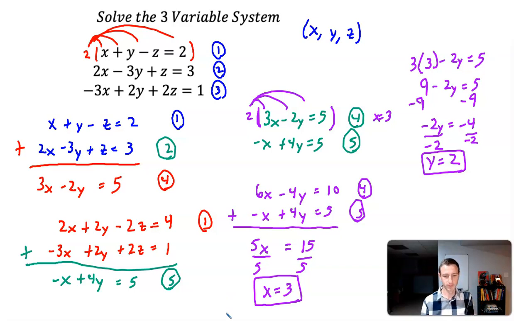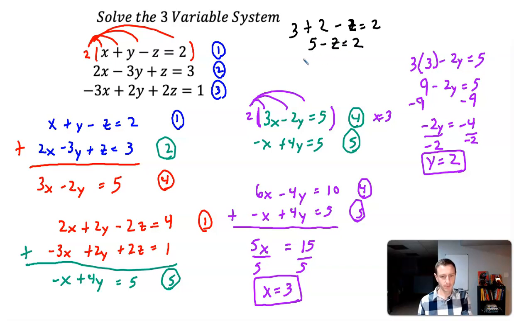All right, now we're cooking. We got an x, we got a y, all we need is a z. So all we have to do as our next step is take x, take y, plug it into any one of these three, and solve for z. I'm going to go with equation 1 just because it's all coefficients of 1, so we just pretty much substitute in and then solve. So x plus y minus z equals 2. 3 plus 2 is 5, minus z equals 2.